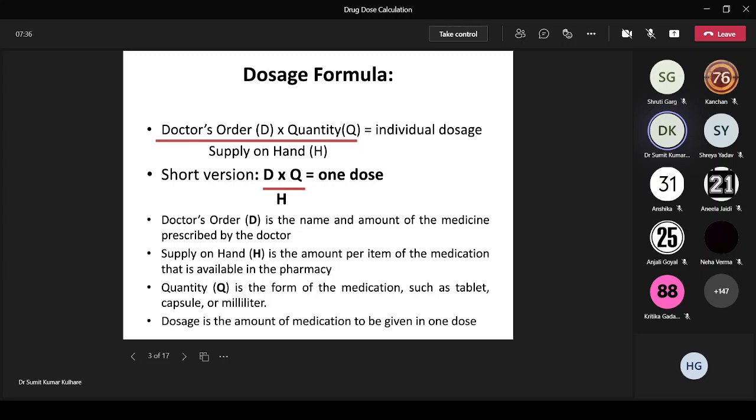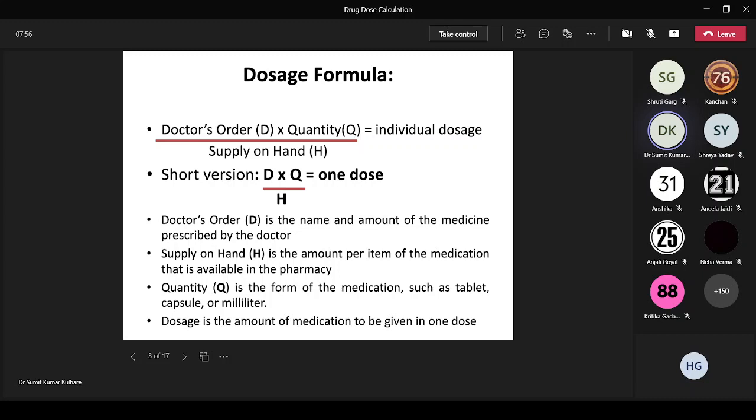And Q is the quantity, the form of medication such as tablet, capsule, or milliliter. This is much more helpful in liquid preparations. So quantity refers to how much tablet or capsule is there.